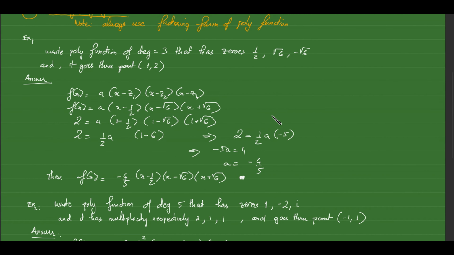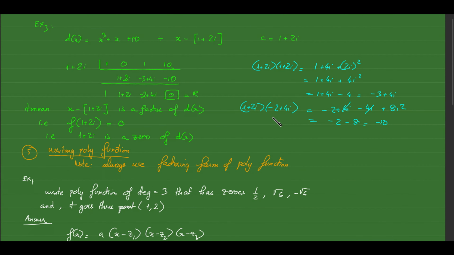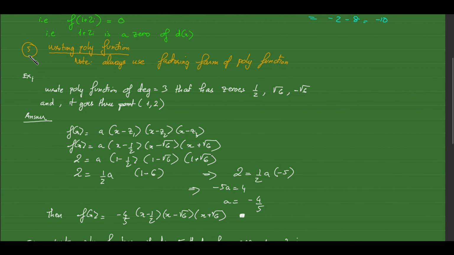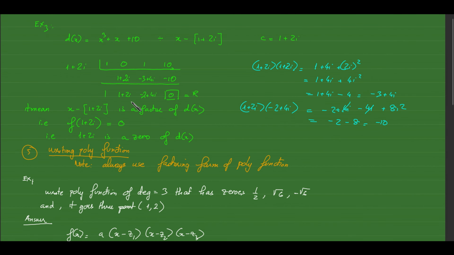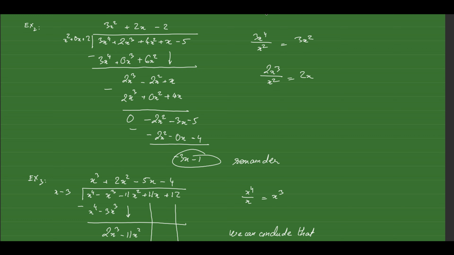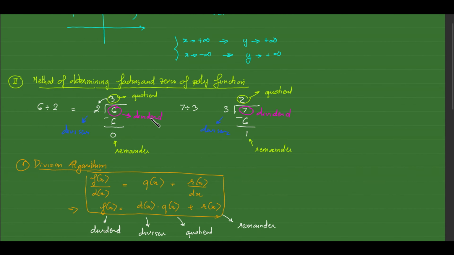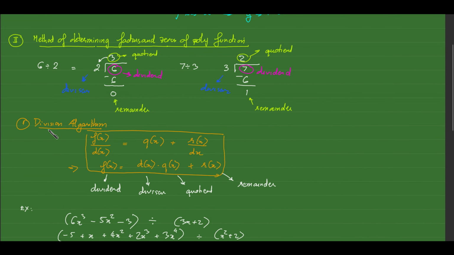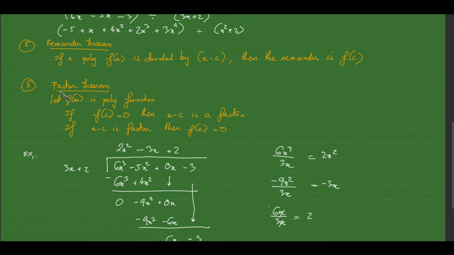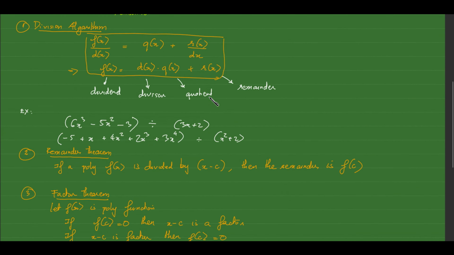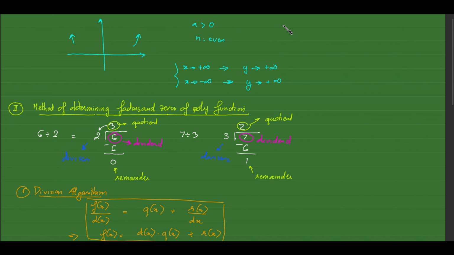Alright, so I think I'm going to stop the lecture right over here. And remember, this won't be on the test. Part 5 is not on the test, but part 4, part 3, all of this might be on the test. The division, the remainder, the factor theorem, long division, which is this one, and the synthetic division will be on the test.